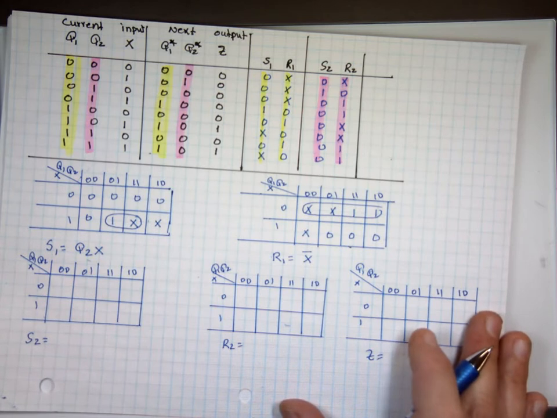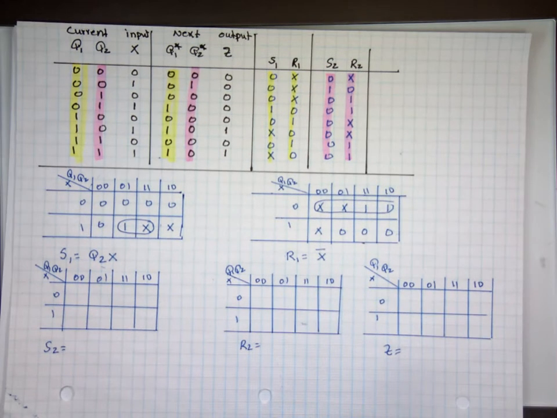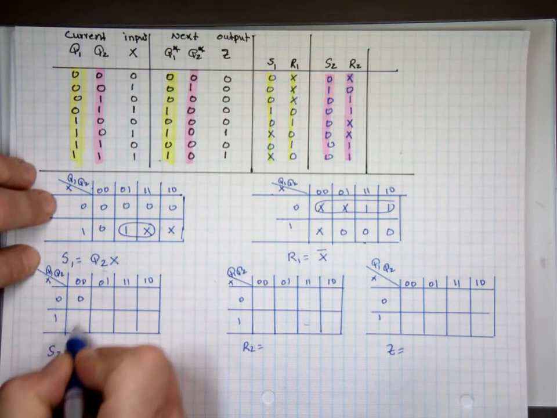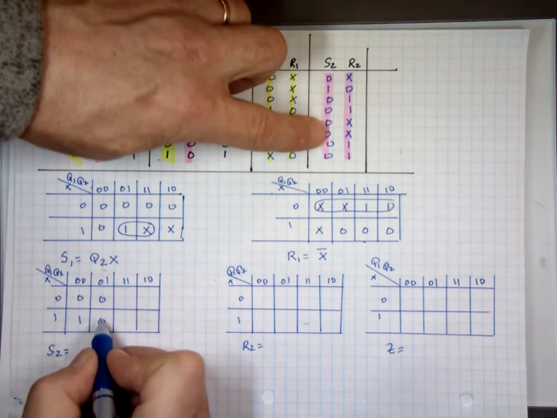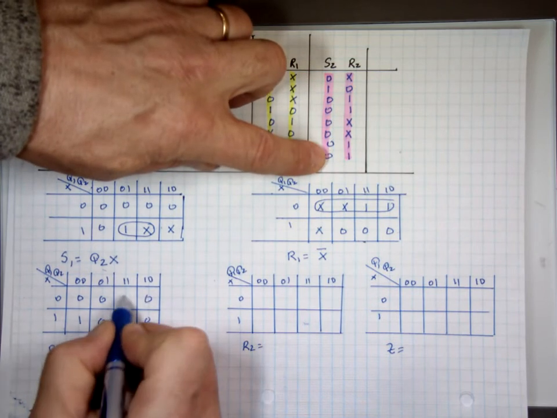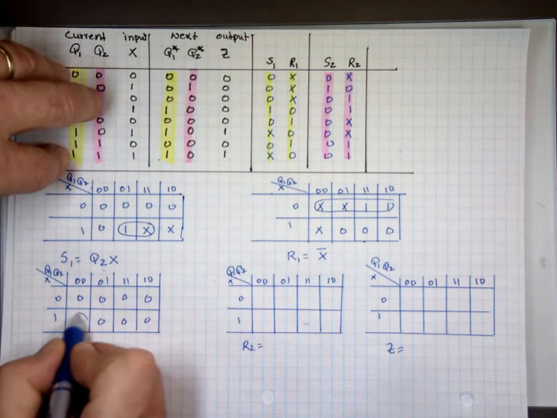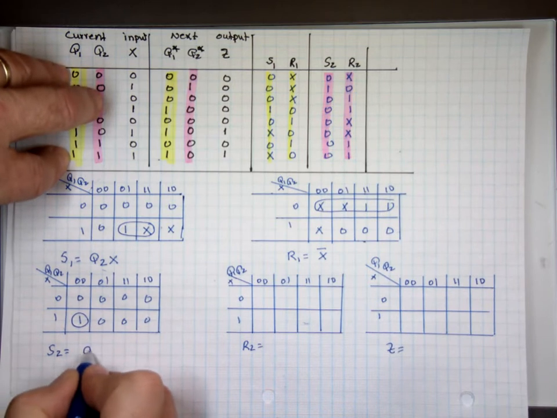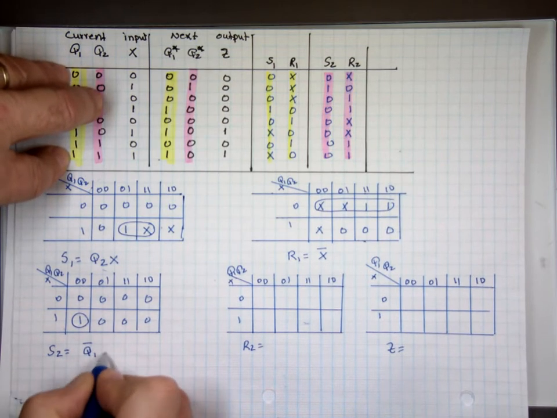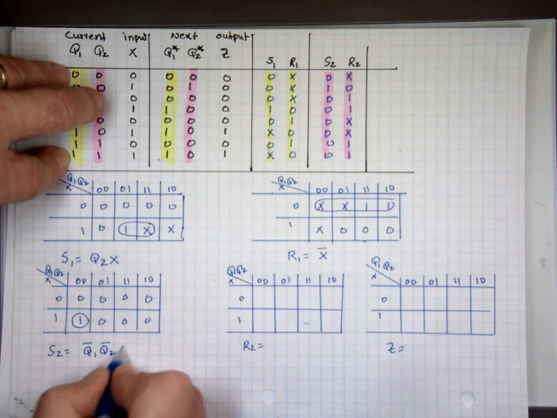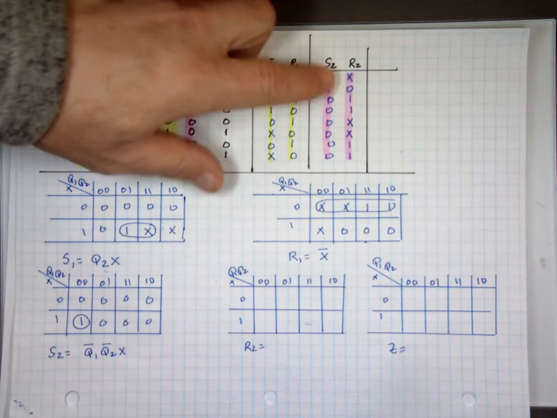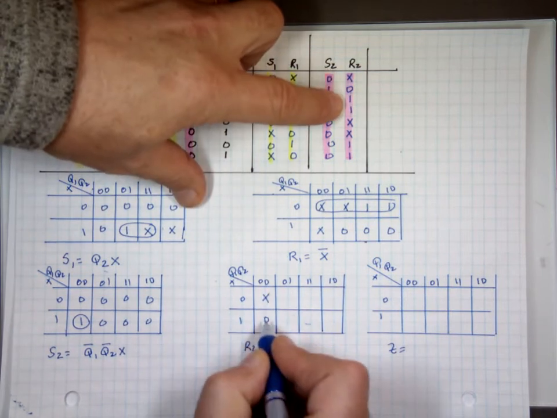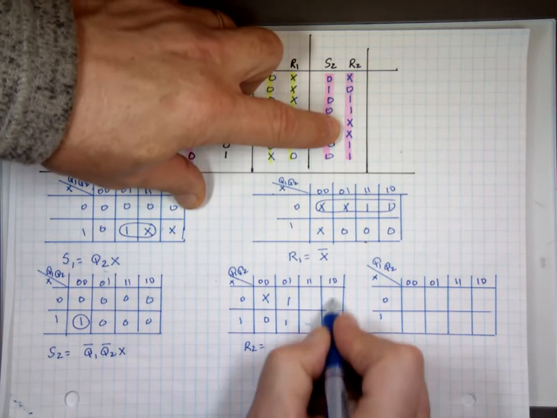So let's look at S2: 0, 1, 0, 0, 0, 0, 0, 0. You don't have a choice here. It's Q1 bar, Q2 bar, X. R2: X, 0, 1, 1, X, X, 1, 1.